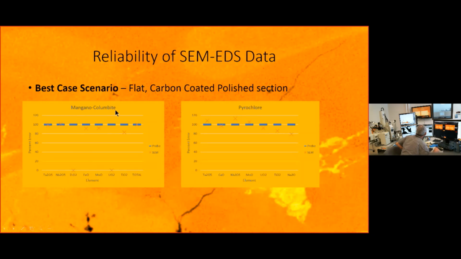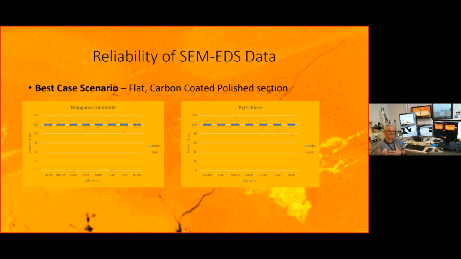One of the things, if you look at this manganocolumbite analysis for zirconium and uranium, error is 100% or more, because uranium and zirconium are trace elements in the sample, and both of them are around 0.2 weight percent, ZrO2 and UO2. Okay, so 2,000 parts per million.